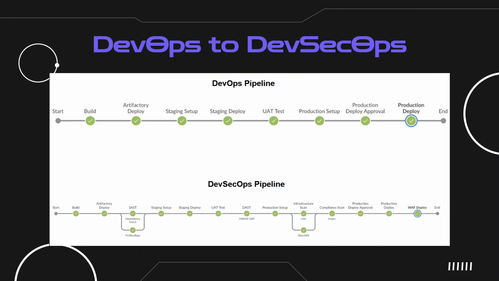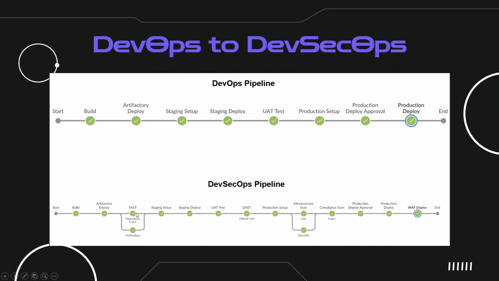If you look at the first line, this is a DevOps pipeline. It will start, build, artifactory deploy, staging setup, staging deploy, UAT test, production setup, production deploy approval, production deploy, end. So this was the old DevOps pipeline. Into the same pipeline, we have integrated DevSecOps, the security, into the DevOps pipeline.